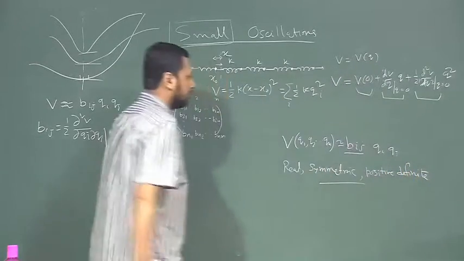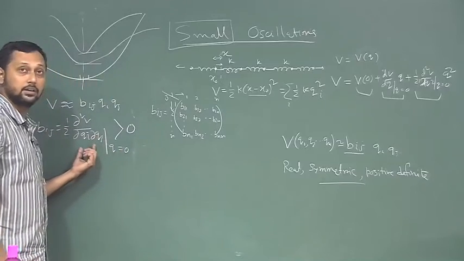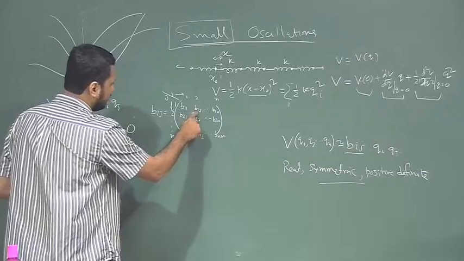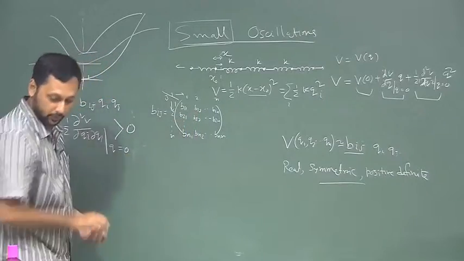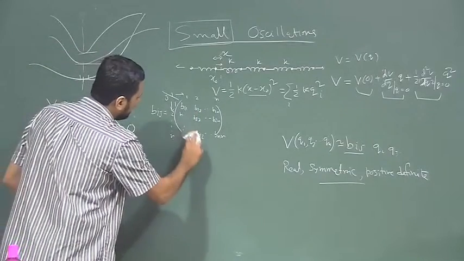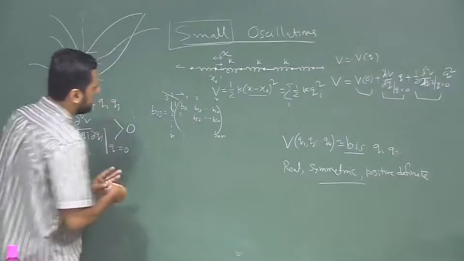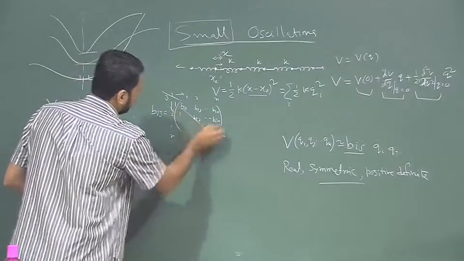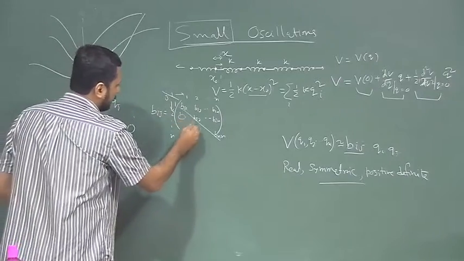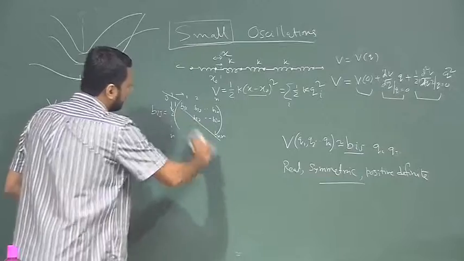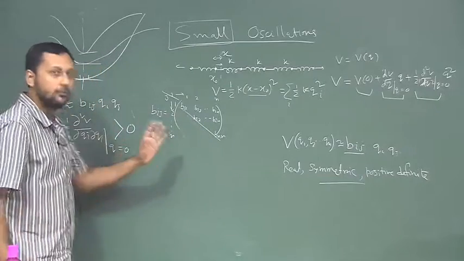Why symmetric? Because if you interchange i and j in the definition, nothing is changing. So, b_12 has to be equal to b_21. So, in principle I can just write one upper triangle of the matrix, or just describe only half of the elements.